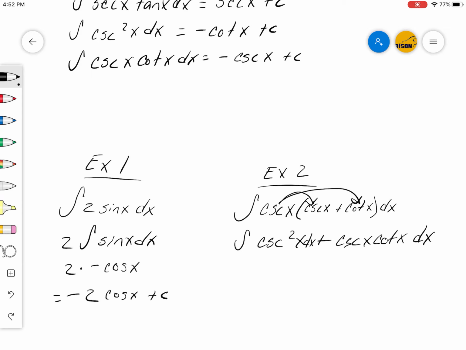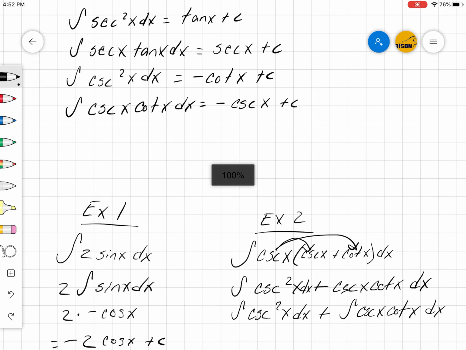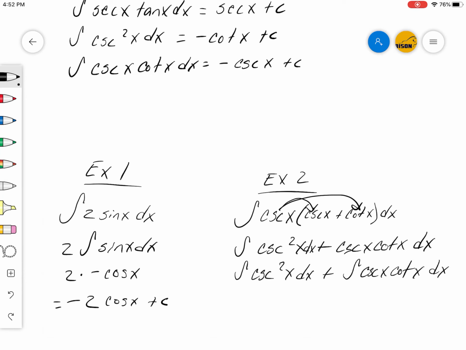One of the rules that we also talked about yesterday was how you can split these. So this is really the integral of cosecant squared x dx plus the integral of cosecant x cotangent x dx. Then I've got to look back up here at my list and see what the integral of cosecant squared is. I can see it's the fifth one down there. It is negative cotangent x.